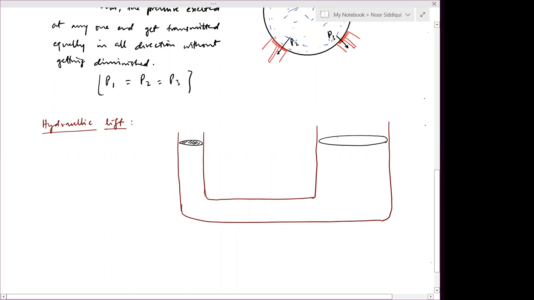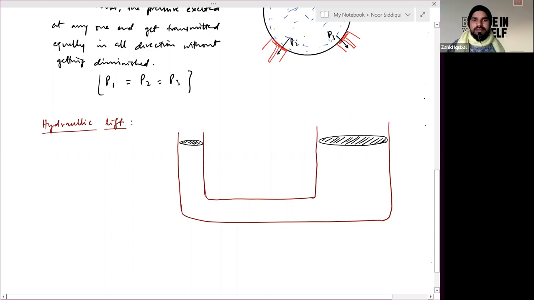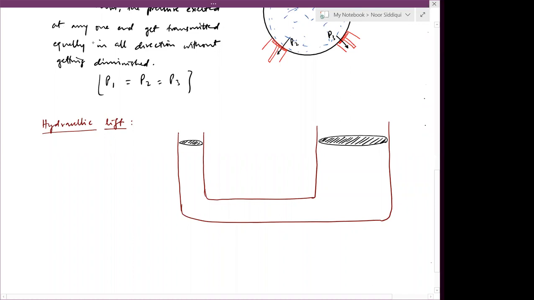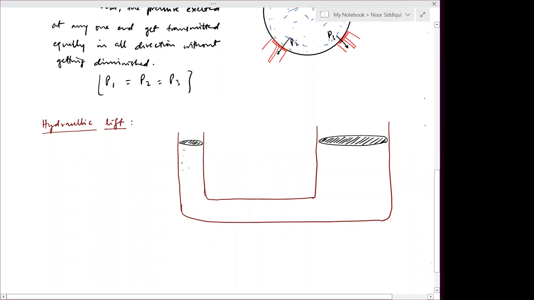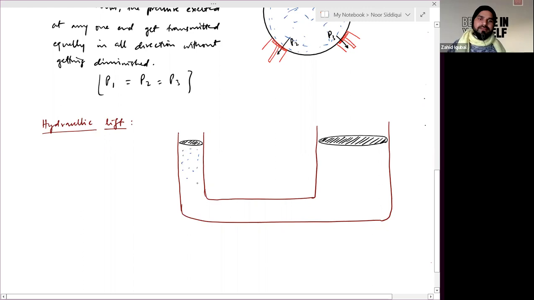Sir, incompressible liquid means a liquid you cannot compress, right? We can't change its density. But for any liquid, we can.